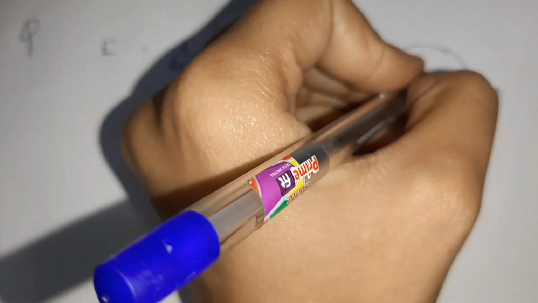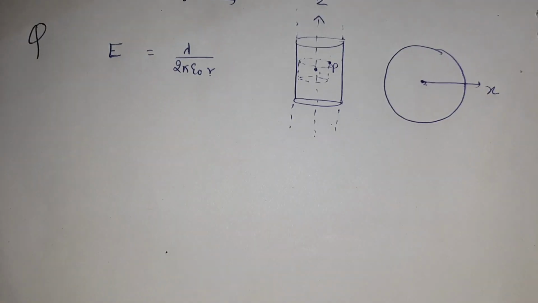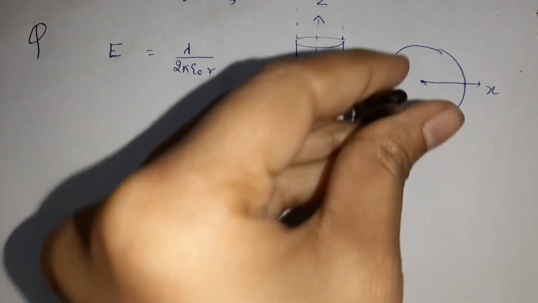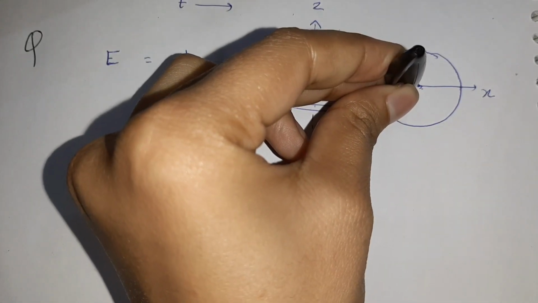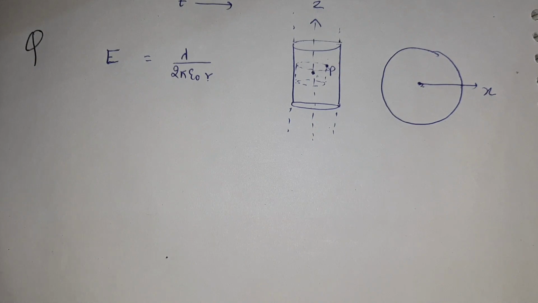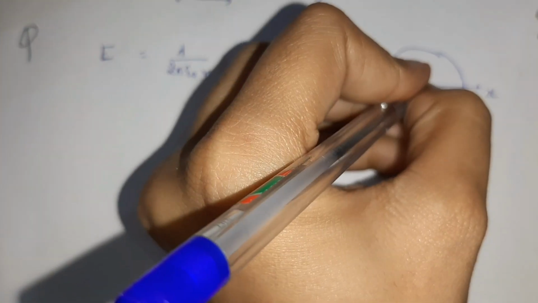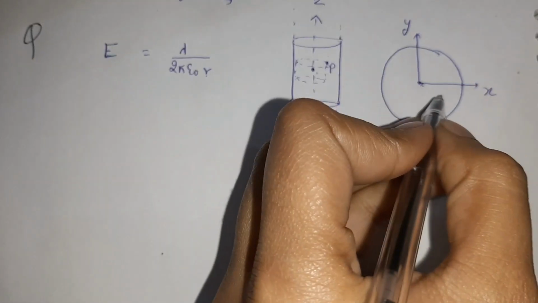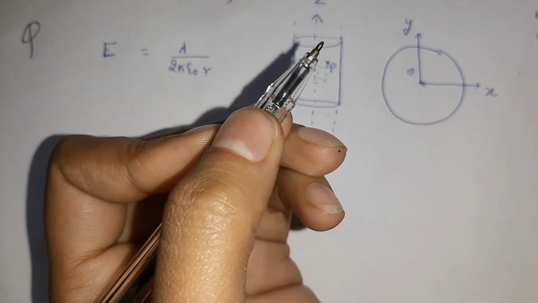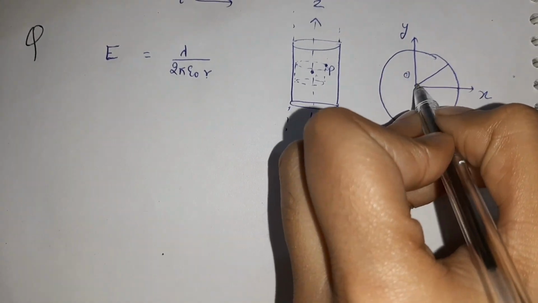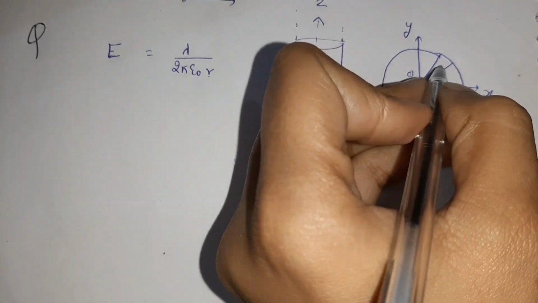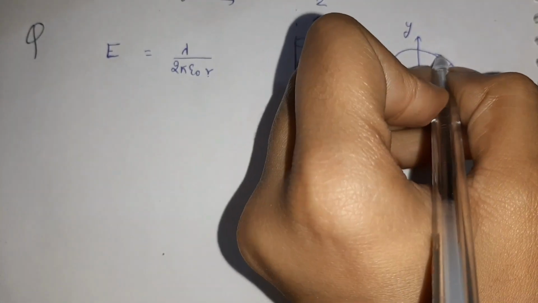You can see that this is our z-axis, and this axis is our y-axis. Now here we have our origin. If we take a small segment of this area, let's take this small arc.